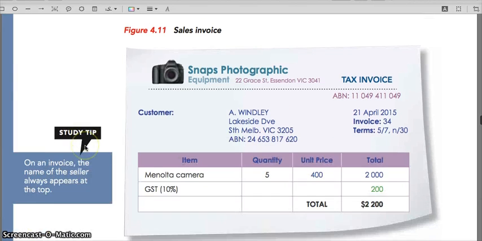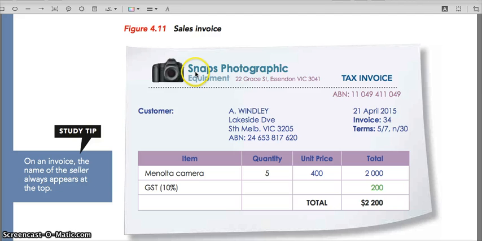If we have a look here, we've got a sales invoice from Snap Photographic Equipment, because the name of the seller always appears at the top of the invoice. We've got a customer here. It's been sold to A. Windley.